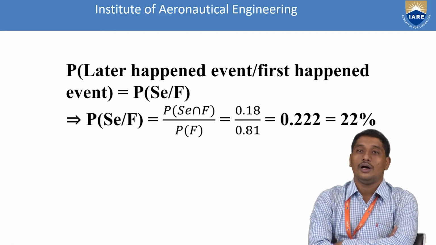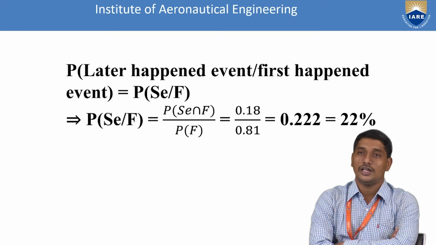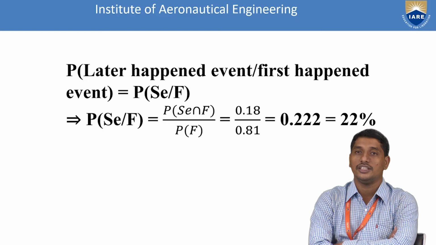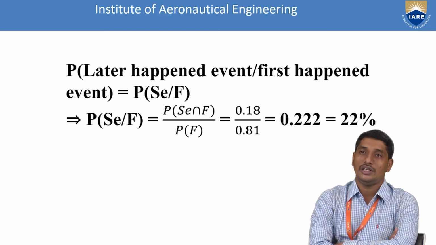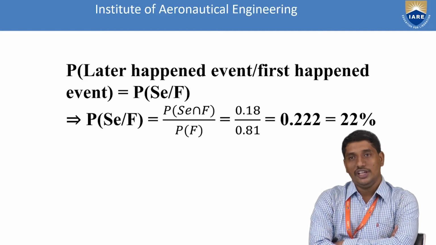Now, the short formula says that the conditional probability can be easily written as the probability of the later happened event over the probability of the first happened event, that is probability of selectivity over fidelity.